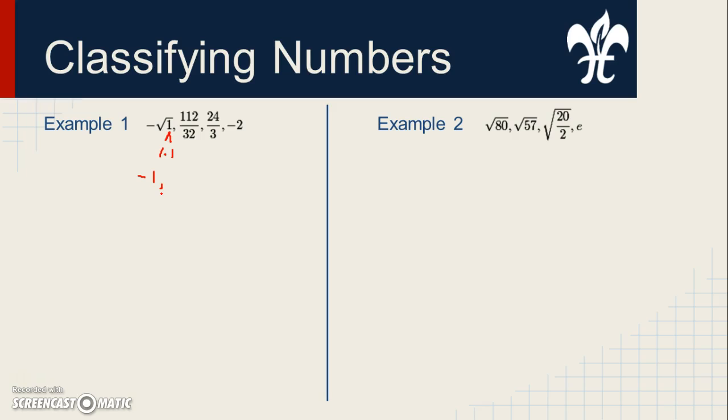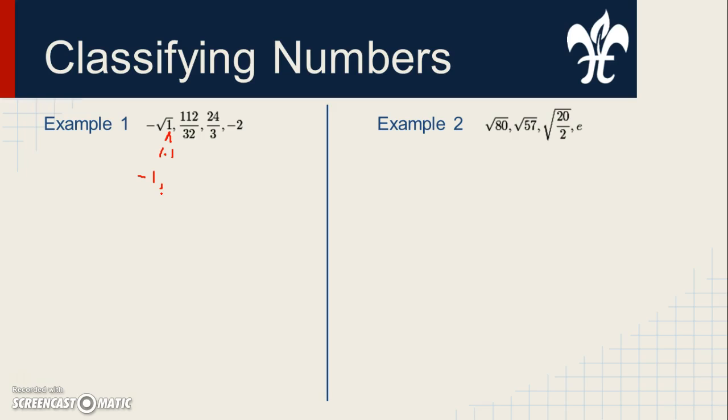Then we have these other numbers that are represented as fractions. So if we're working with these fractions, what we want to know is, are they going to reduce down and become natural numbers or whole numbers or integers, or are they going to stay as fractions? Because that'll adjust the way that we classify these.